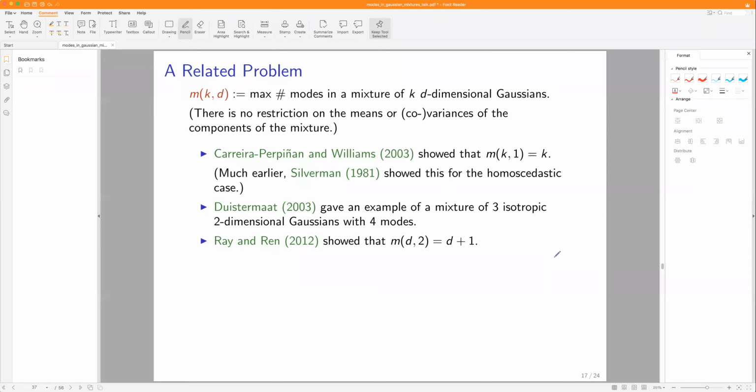But I thought that this is 3 isotropic 2D Gaussians, 4 modes. I think it is d 2-dimensional Gaussians, I think that's right.